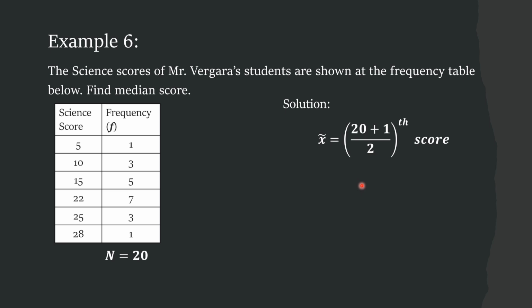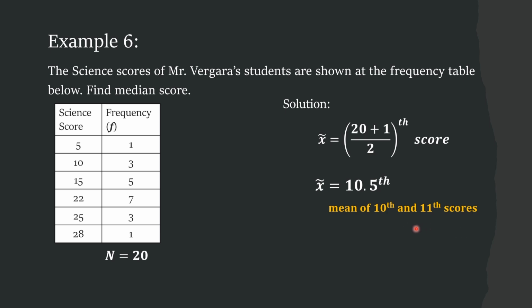To get the median score, find the position of that score by using the formula of the median. X tilde is equal to 20 plus 1 all over 2. This is 10.5. The position of the score is between the 10th and 11th score.